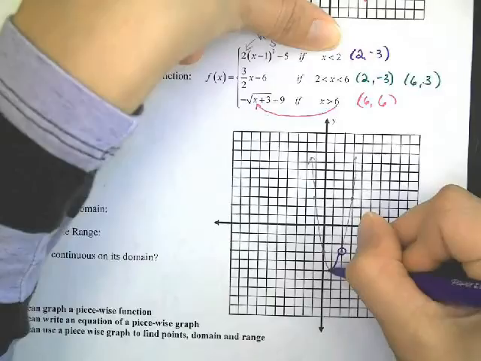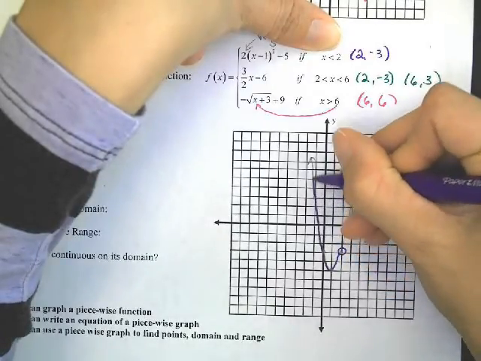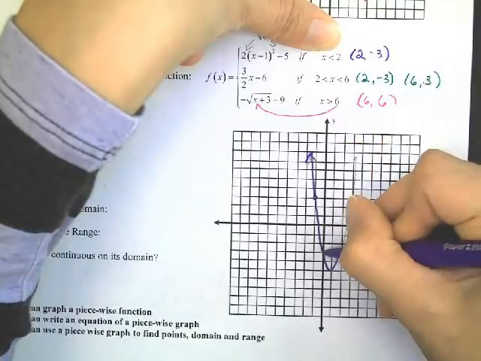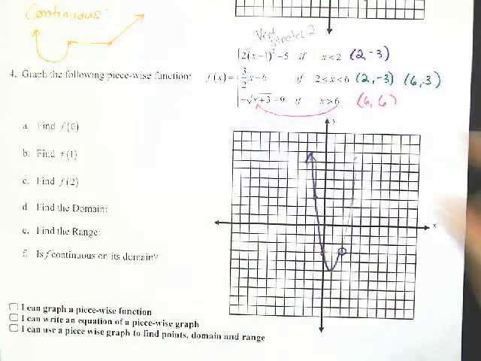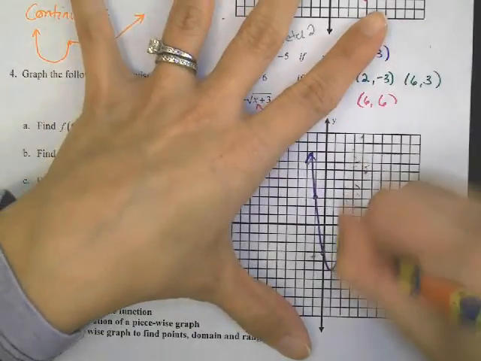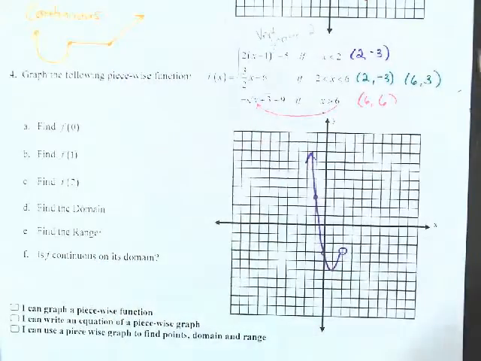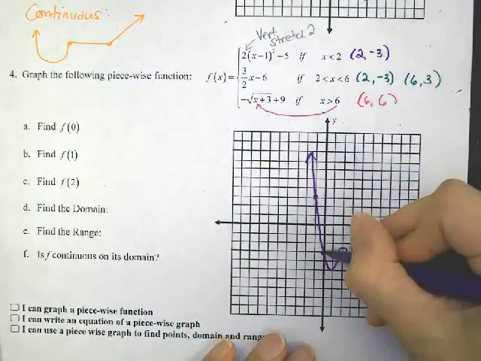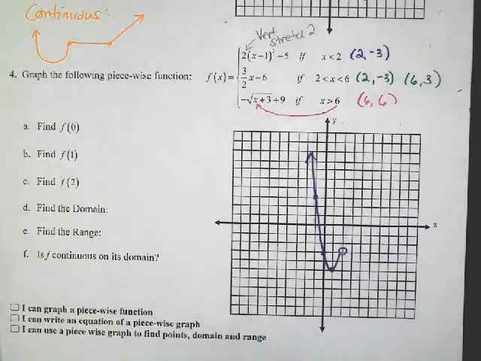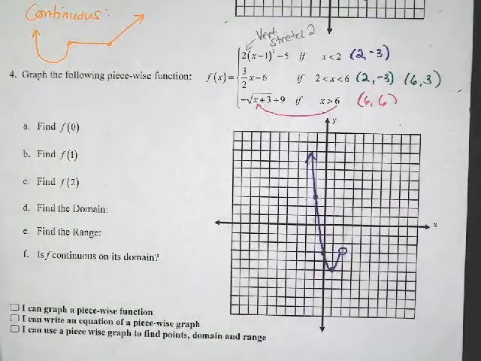So all of this parabola right here is going to be nice and highlighted. Less, less, less. All these points nice and dark. And what about all the parabola to the right? Oh, I'm so sorry, parabola, but you got to get erased. No parabola more than 2. I only want parabola less than 2. Let's make sure these points here look nice and dark. Okay, so the parabola is less than 2.